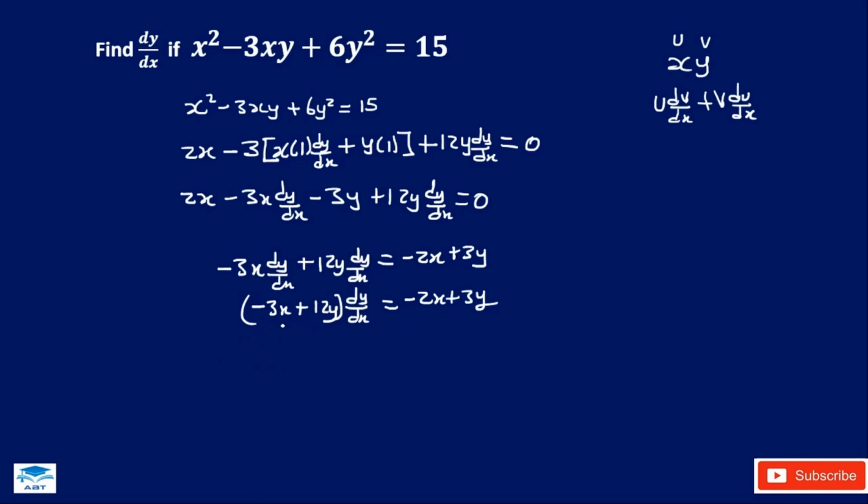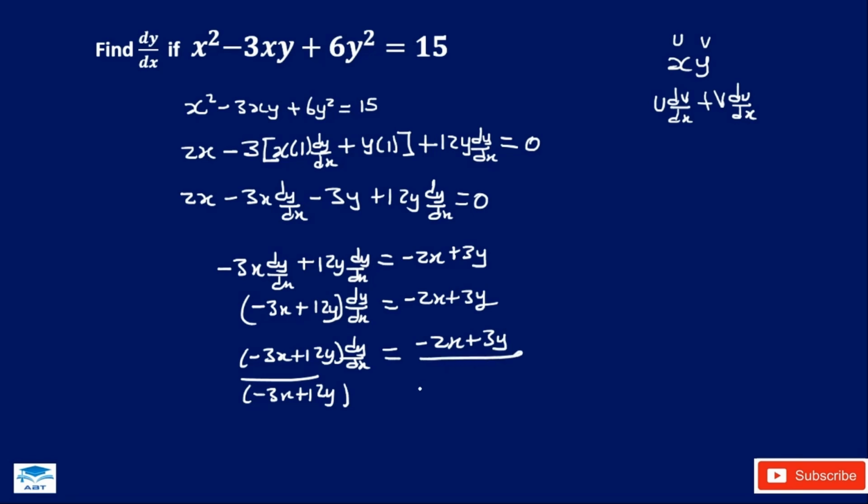So we divide through by negative 3x plus 12y. Negative 3x plus 12y dy dx over negative 3x plus 12y is equal to negative 2x plus 3y over negative 3x plus 12y.